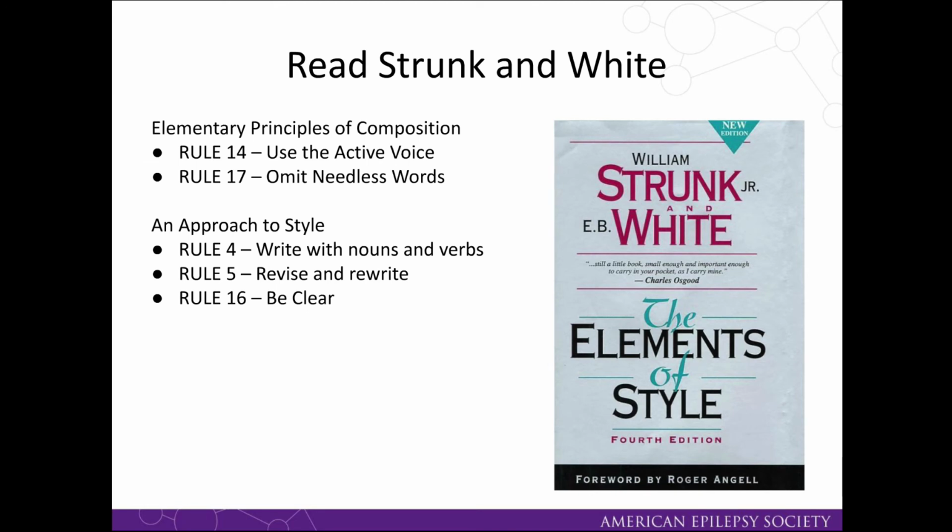I would advise reading Strunk and White's The Elements of Style cover to cover. It is the most beautiful and concise description of good writing that I've seen. I would particularly recommend Rule 14 and Rule 17 to use the active voice and to omit needless words. And then there's some lovely text about an approach to style. Write with nouns and verbs, revise and rewrite, and be clear.